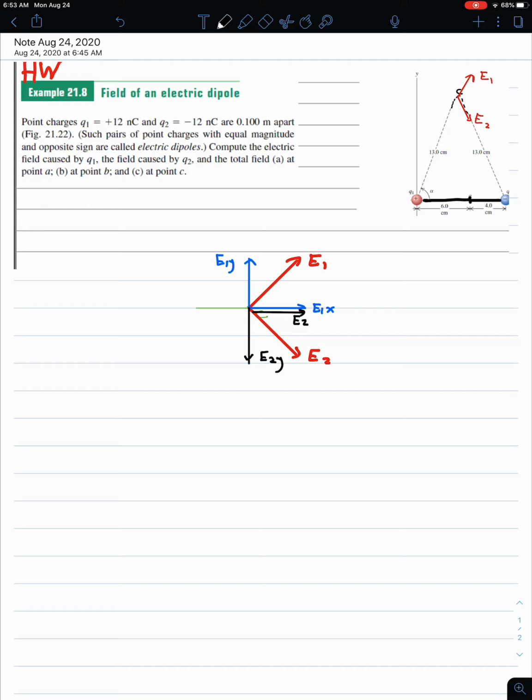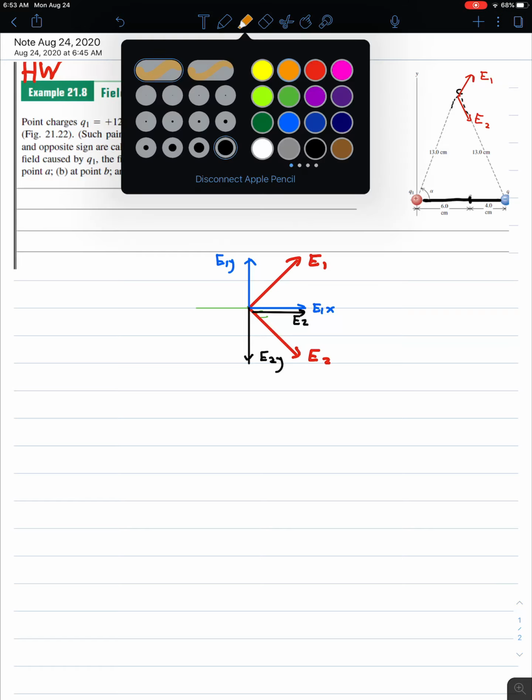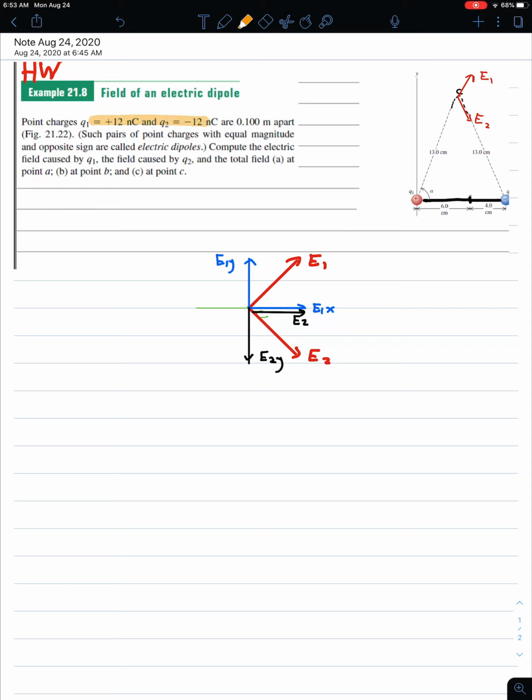And obviously you see the electric field along the y-axis is going to be 0, because first of all Q1 and Q2 are the same, so they have the same magnitude, and the distance from the positive charge to the point is the same as the distance from the negative charge to the point. So E1y will cancel E2y because they're in opposite directions. So from symmetry, the electric field along y is 0.